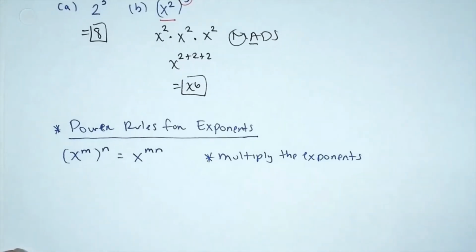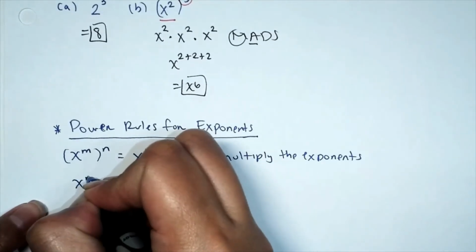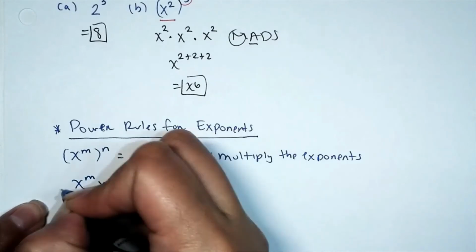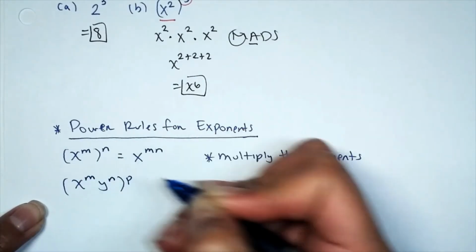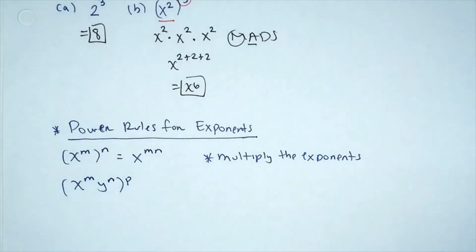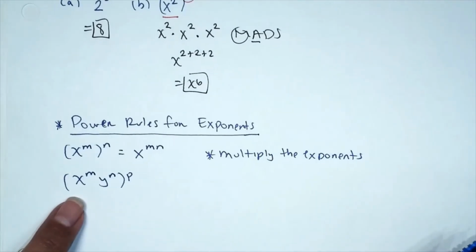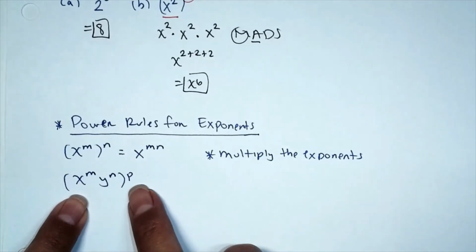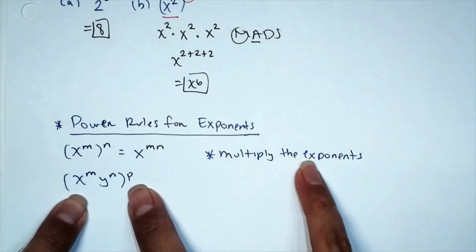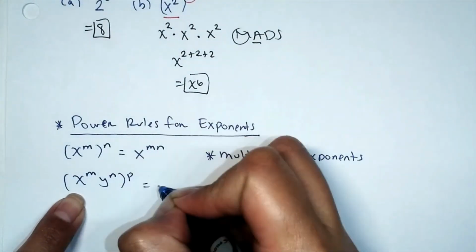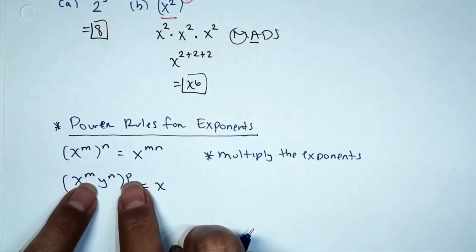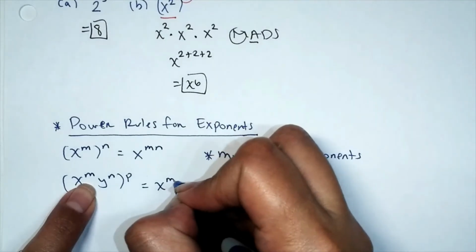Now, what if we have a product of factors? So x to the m times y to the n, and we raise it to the p power. Well, how are we going to handle it? We're just going to apply the power rule to each factor one at a time. First factor raised to some power. What is that power rule? Keep the base and multiply the exponents. So the base is x and the product of the exponents will be m times p.